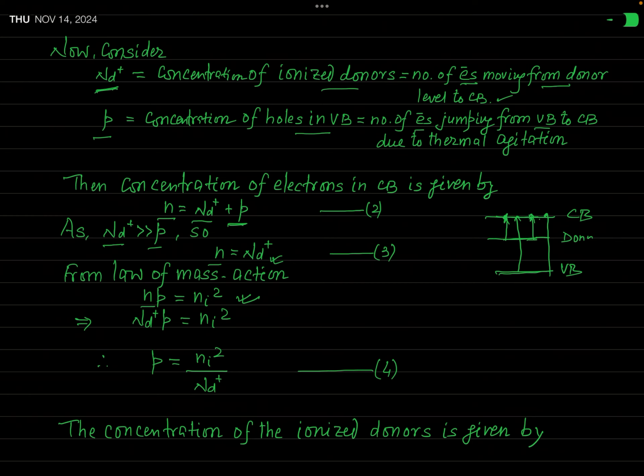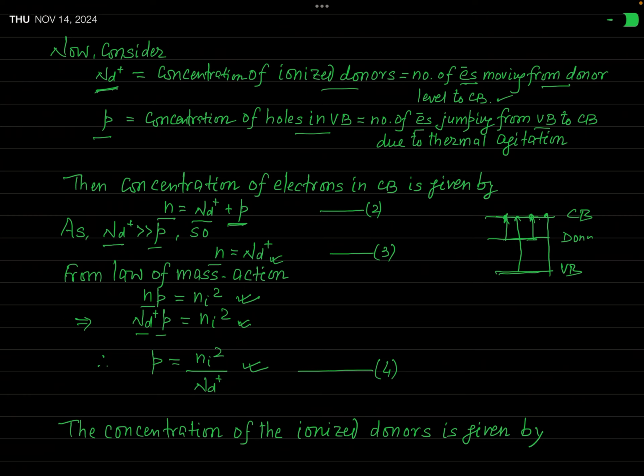You have already studied this. Here Ni is called the intrinsic concentration. But we have seen that N is almost equal to Nd+. So we can write Nd+ times P equals Ni squared, and therefore P is equal to Ni squared over Nd+.